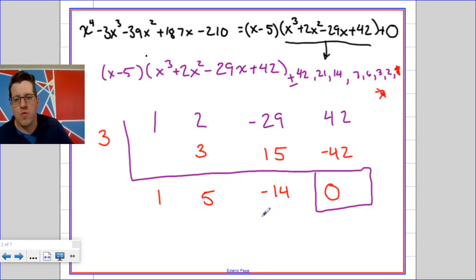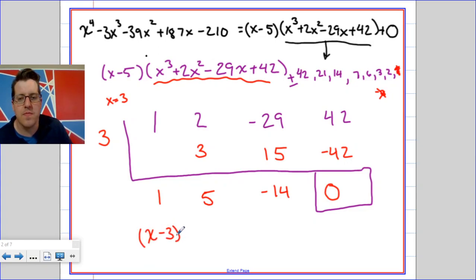So here's what we just figured out. That this that we were trying to factor has x equals 3 as a 0. That means x minus 3 is a factor, and this quotient is the remaining part of that.